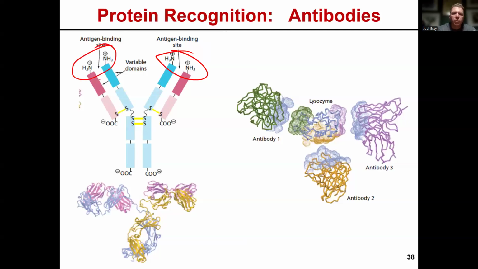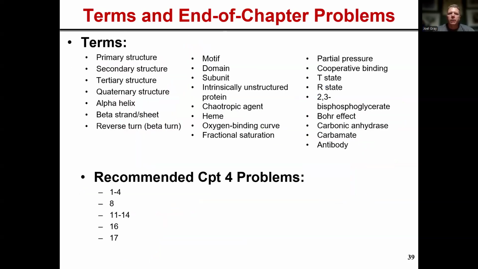So these variable domains and that antigen binding site, this entire variable domain is what's going to detect one molecule different from another molecule, and that is rooted in its primary structure. So the primary structure of antibodies is going to be different from one to another, and they're going to detect different products.